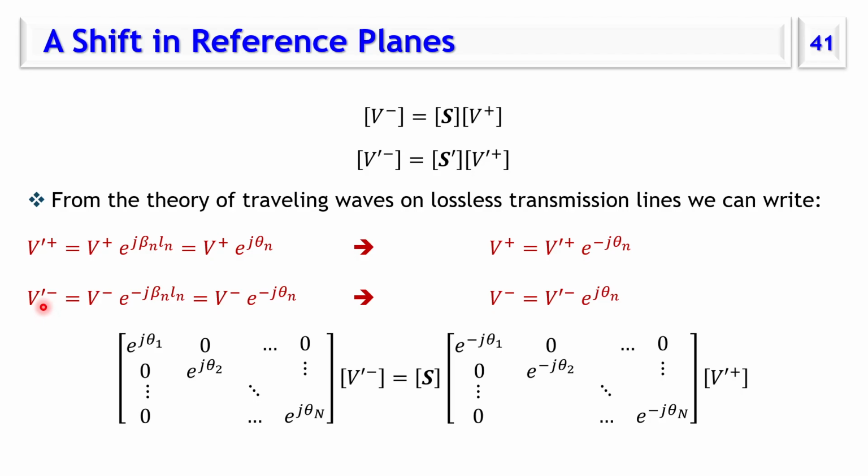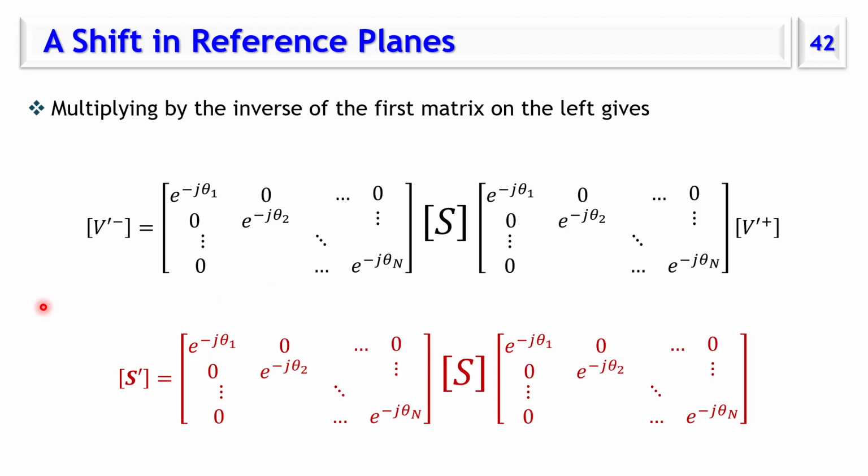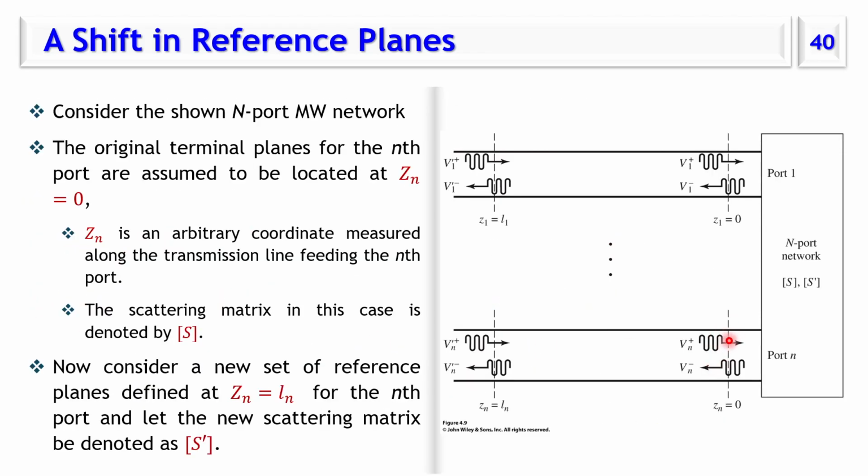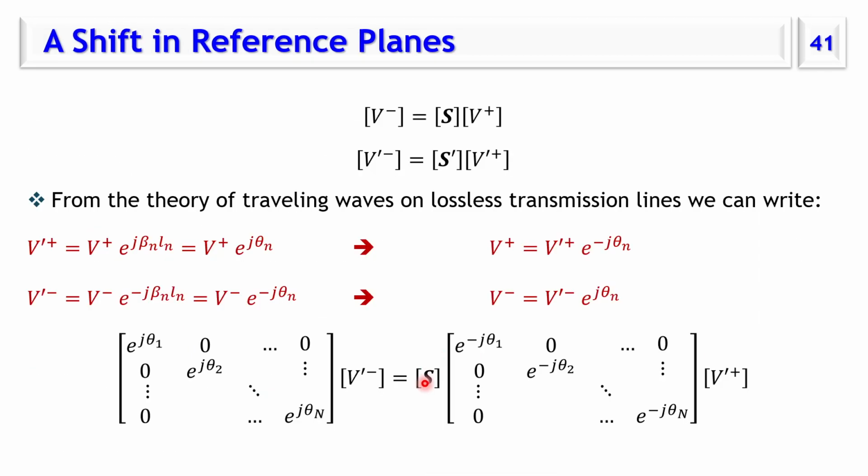For the reflected wave, it is negative because it is in the direction of its propagation. So V plus and V plus prime are related with this expression, and V minus and V prime minus are related with this expression.